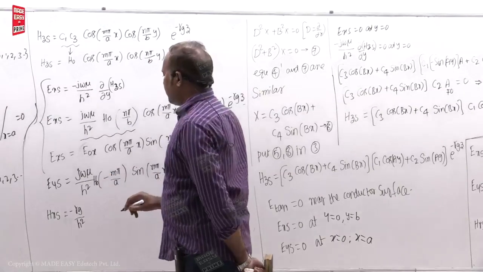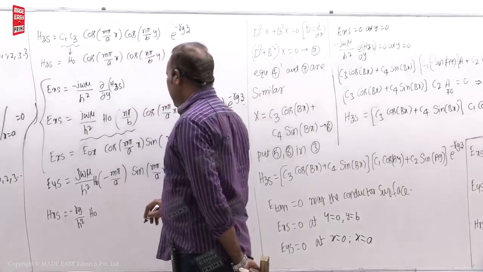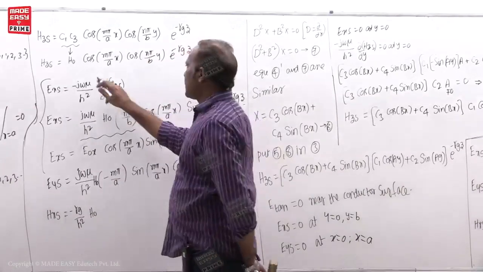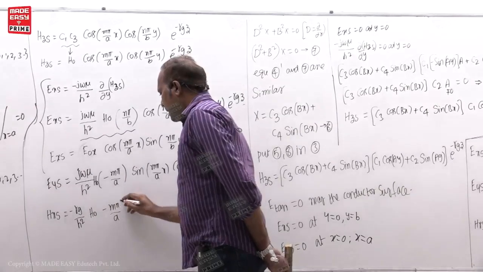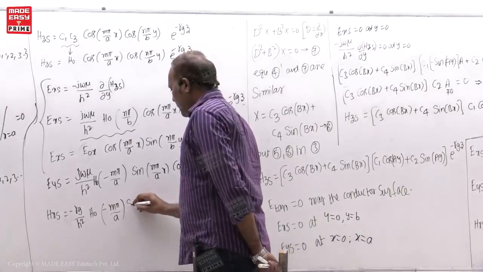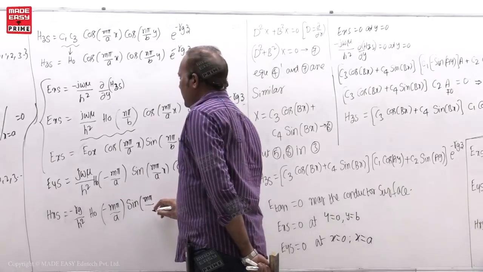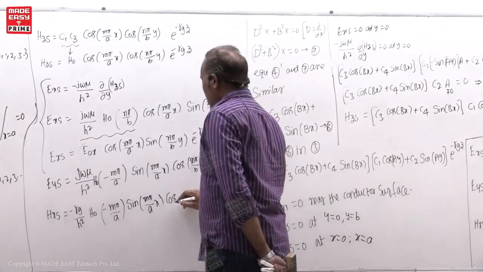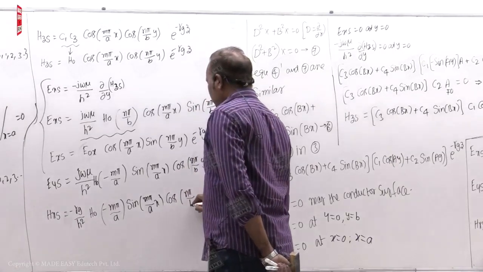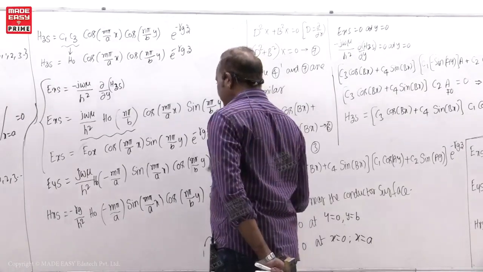Right. So multiplied with H naught, then differentiate with x, then minus m pi by a and sine m pi by a x, then cos of n pi by b y, e power minus gamma g z.